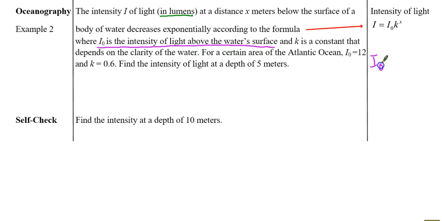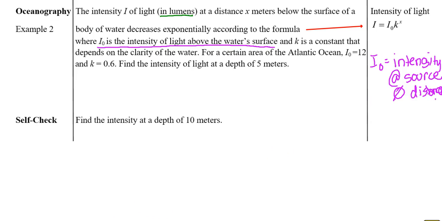So we can say I sub 0 is the intensity at the source, which is going to be 0 inches away from the source, just right as it's coming out of the light bulb. This is at 0 distance, no distance at all.